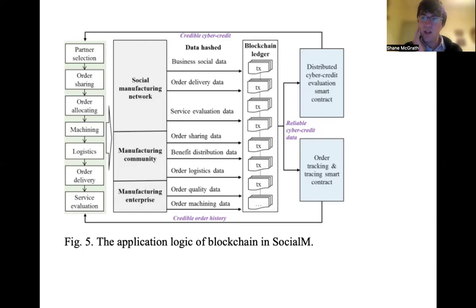However, I think this is more of a broader manufacturing as opposed to just consumer-based manufacturing. It could also include things such as machines for factories. So again, this is all tracked through the blockchain: the social manufacturing, the manufacturing community, the manufacturing enterprise.